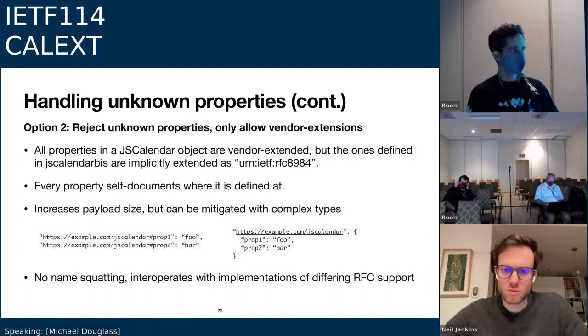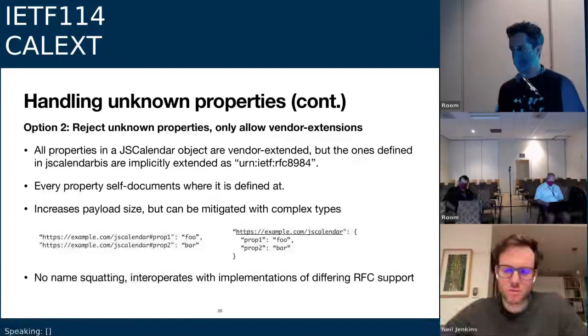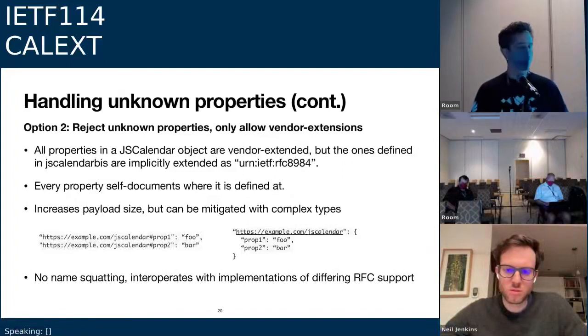But we already require implementations to preserve extension properties. We obviously require implementations to implement the JS calendar spec, and there can be nothing else in a JS calendar data, either extension properties from future extensions, or the ones that are defined in the specification that the implementation is expected to implement.